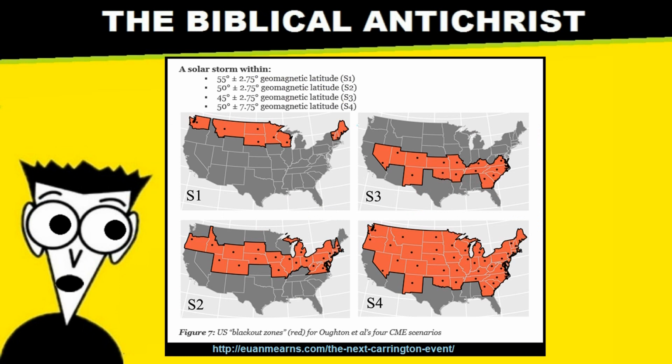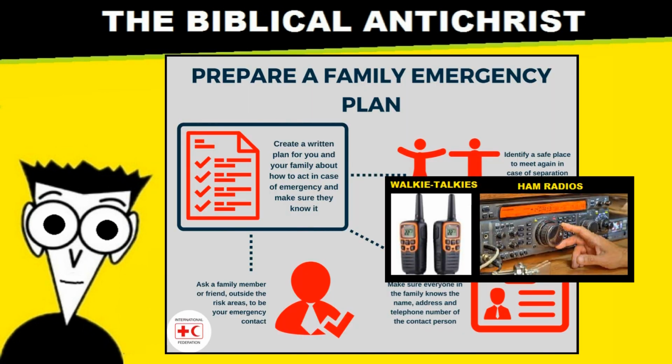5. Awareness of vulnerabilities. Be aware of potential vulnerabilities in your area, such as the reliance on technology and infrastructure. Understand how space weather can impact power grids, communication systems, and other essential services. 6. Communication plan. Have a communication plan in place with family members and loved ones, in case traditional communication channels are affected.